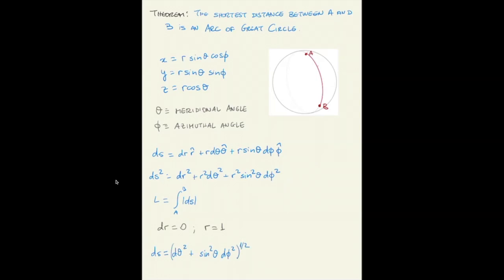Substituting it back into the length, you have that the length is the integral from A to B of the square root of d theta squared plus sine squared theta d phi squared. Now we isolate the d theta and take it out of the square root, and this becomes d theta times the square root of 1 plus sine squared theta d phi squared over d theta squared.